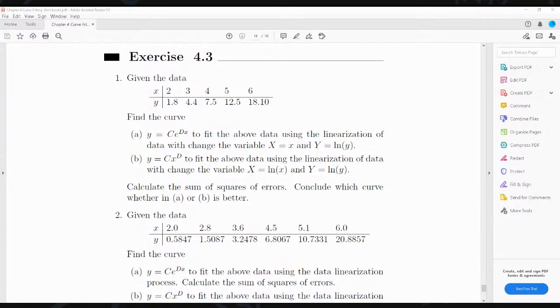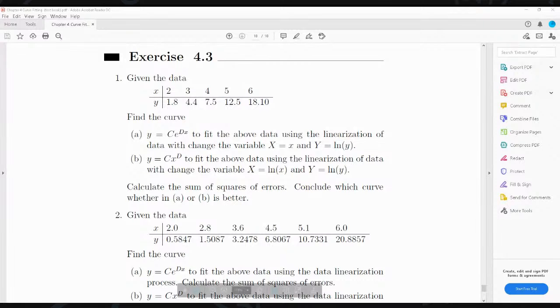They ask you which is better, A or B, y equal to x^d, to fit the above using the linear of the data, where we said that X is equal to ln x and Y is equal to ln y. Which is better? You need to find the summation error which is very minimal.